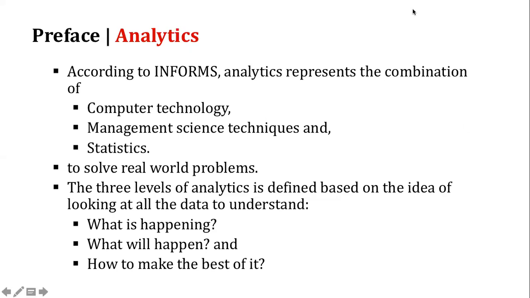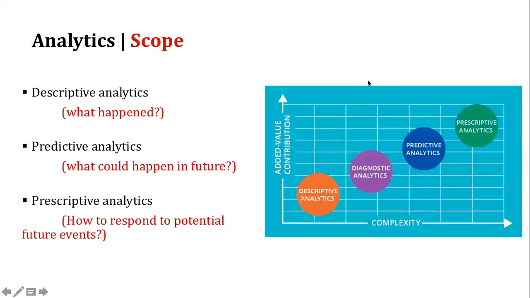So let me explain a little bit further. I said there are 3 levels of analytics. The first one is called descriptive analytics. Descriptive analytics talks about what happened, what has taken place, using historical information or historical data.